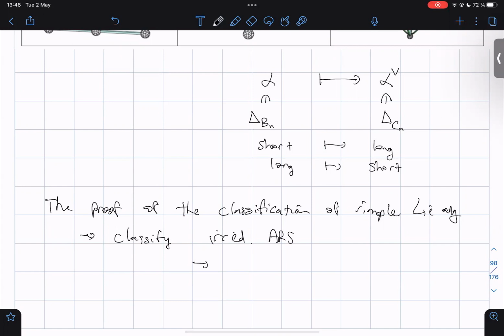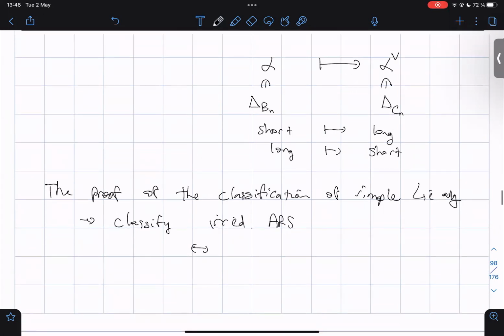Or effectively, you're classifying connected Dynkin diagrams. I think it's only 3 or 4 extra pages in this Humphreys book.